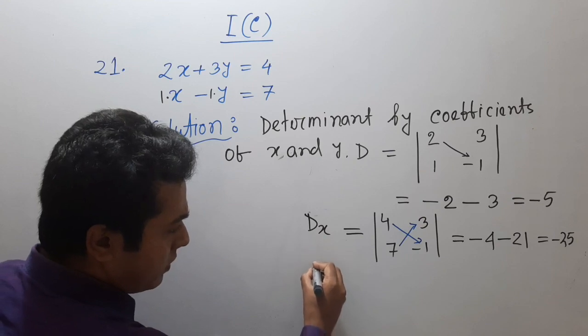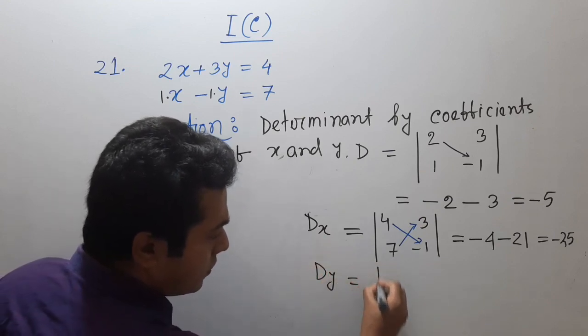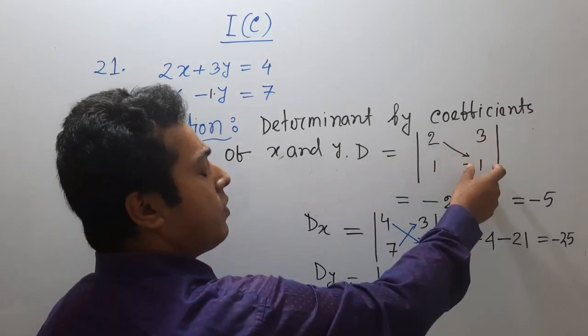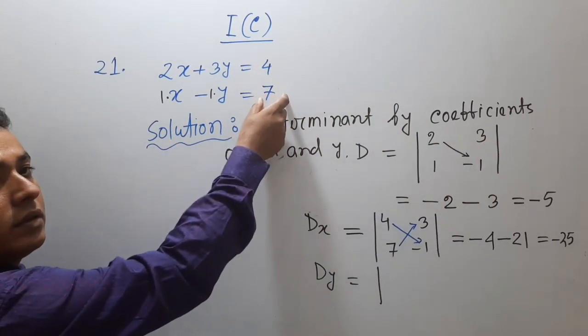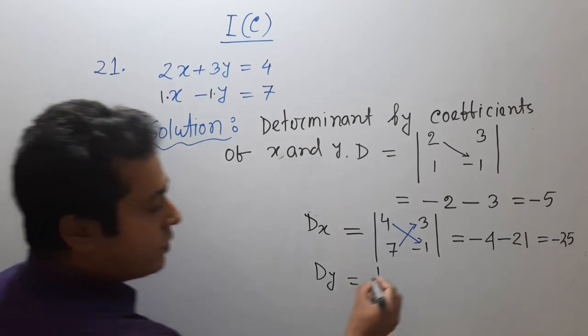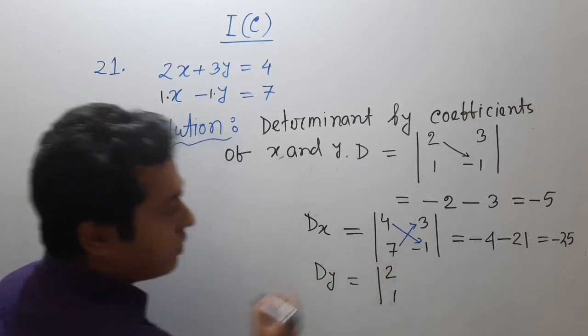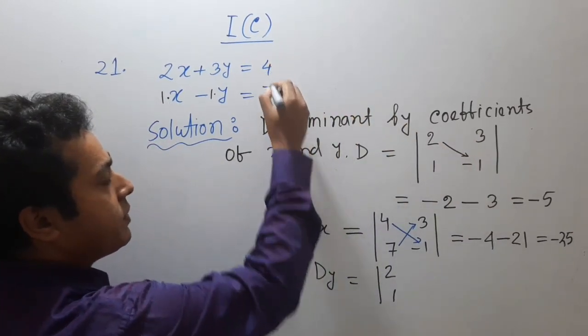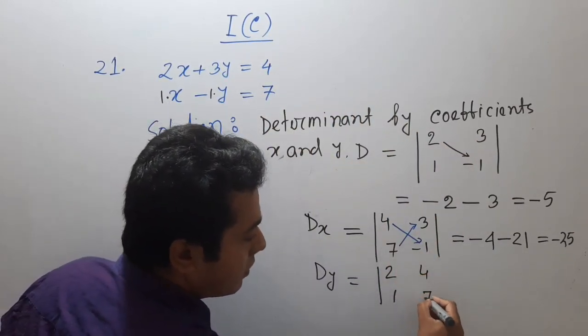Now Dy is equal to, in D the coefficient of y is replaced by the constant term, so 2, 1, and the coefficient of y, 3 and -1, is replaced by 4, 7.